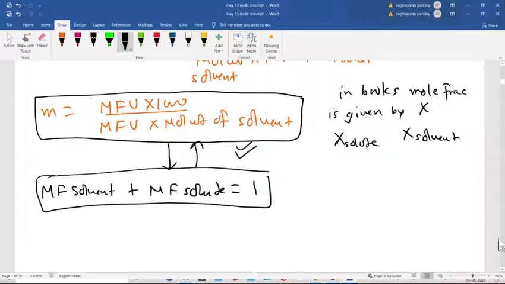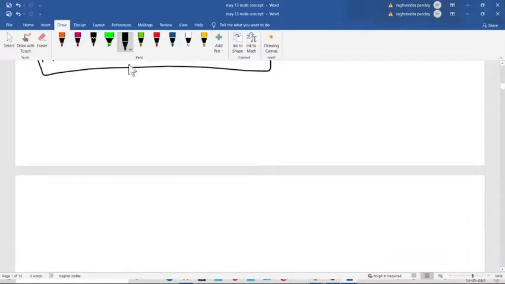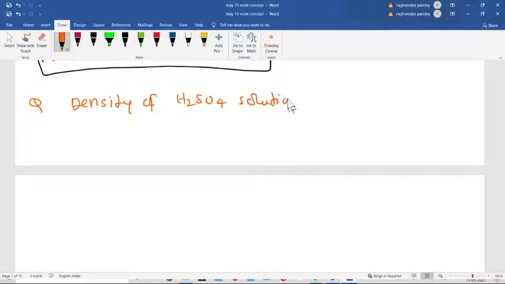Now moving forward, let's take one question. The density of H2SO4 solution in water is 1.5 gram per ml.